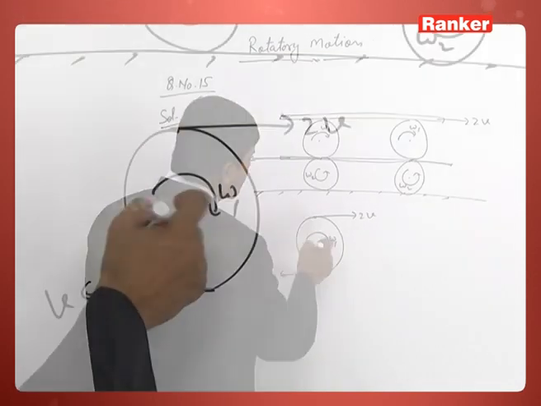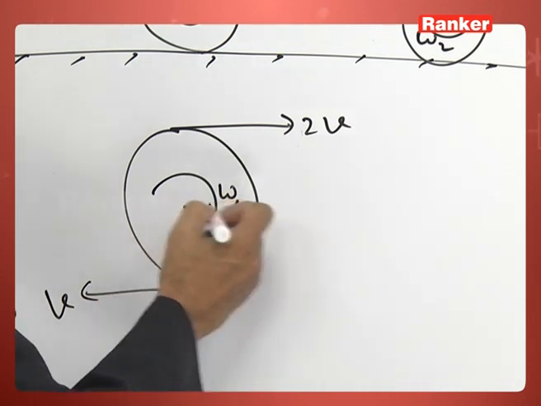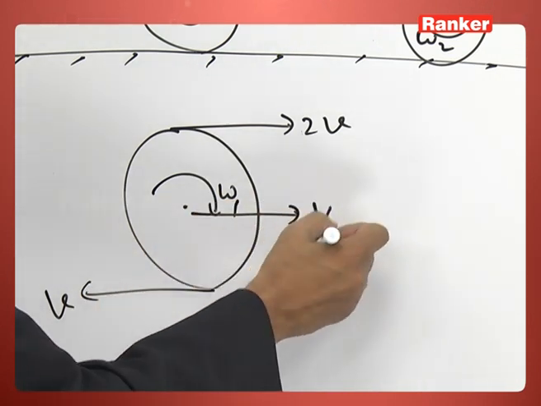So let the velocity of the center of mass be V1.